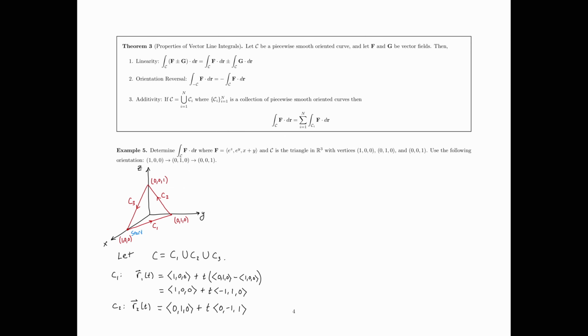You can go through it and verify that it's true. It is. And then C3, we'll have R3 of t. This will be the point we're going to start at 0, 0, 1 plus t times we're going to increase x and decrease z.